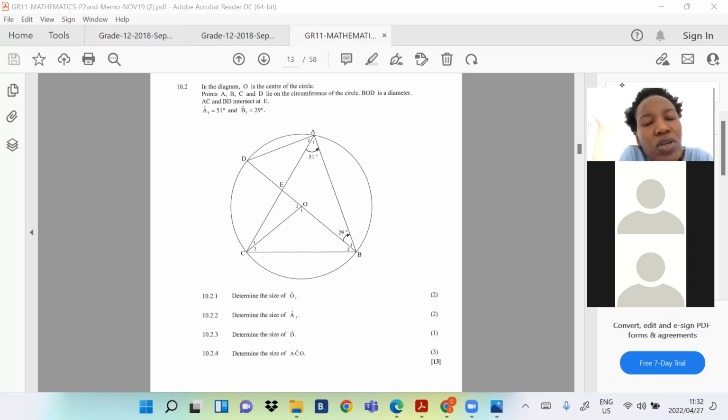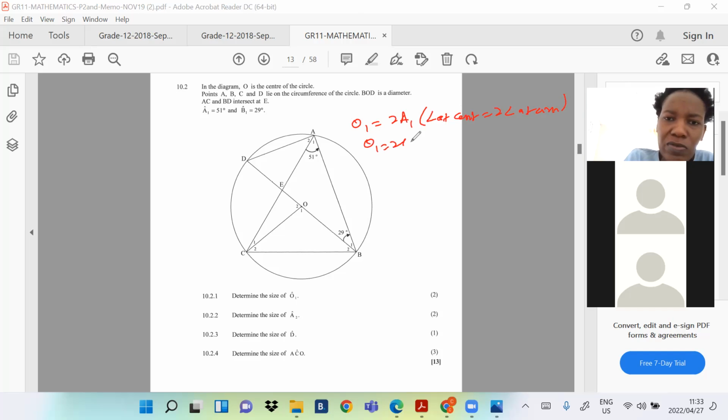A1. So that means O1 is 2 times 51. So why were you struggling here? 2A1. Angle at center, twice angle at circumference. That means O1 is 2 times 51, which is 102 degrees. Okay, done. You see, that's 2 minutes, so it's 2 marks.